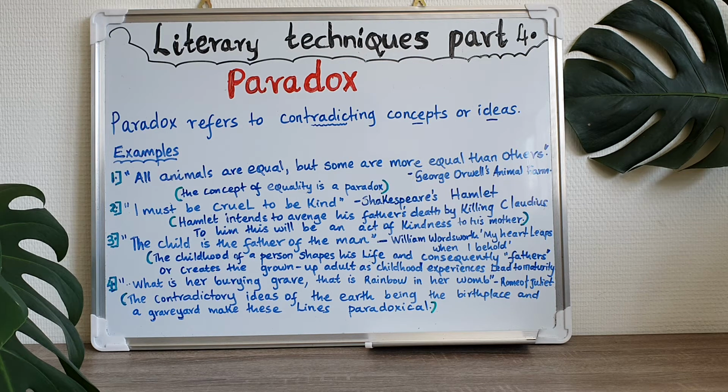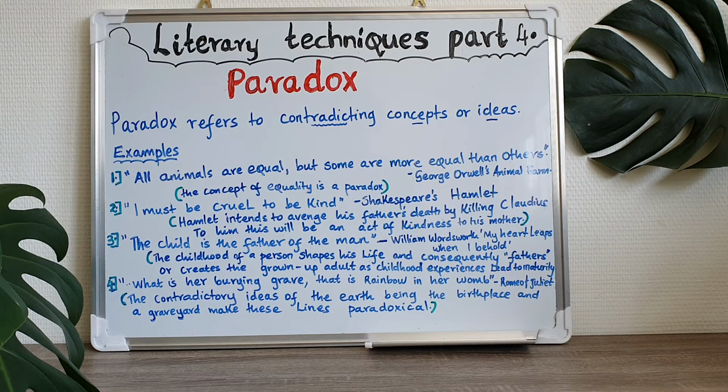Now, in my previous lesson, I talked about oxymorons. I talked about oxymorons in part 3 when we were looking at literary techniques. And you may be asking yourself at this point, so what is the difference between a paradox and an oxymoron?